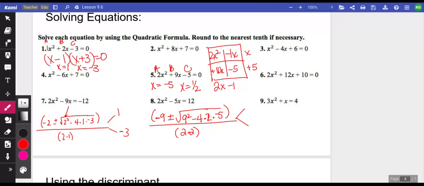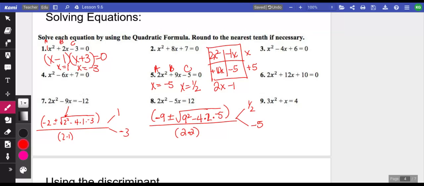So I'm going to start with negative 9 plus the square root of 9 squared minus 4 times 2 times negative 5, divided by 2 times 2, which gives me 1/2. And negative 9 minus the square root of all of that gives me negative 5.